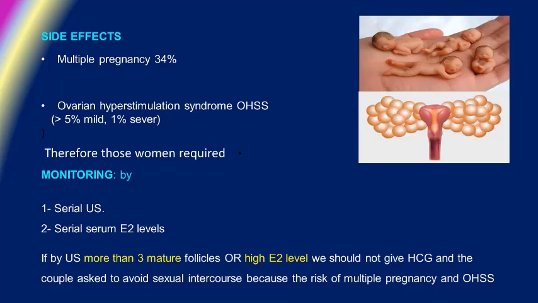How do we monitor them? First of all, by serial ultrasound. Second, by evaluation of serum estradiol level. If by ultrasound there are more than 3 mature follicles, plus or minus high estradiol level, we should stop the hCG injection and ask the couple to avoid sexual intercourse because of the risk of both multiple pregnancy and ovarian hyperstimulation syndrome.